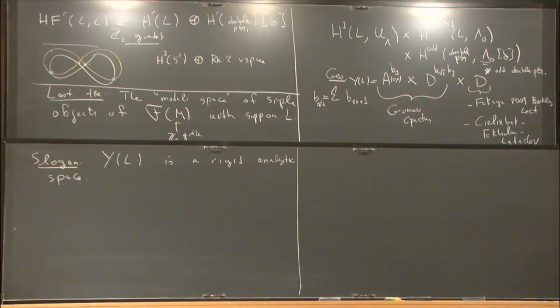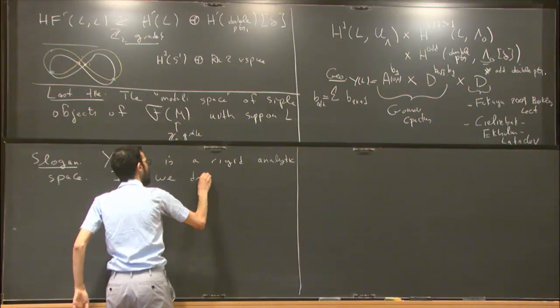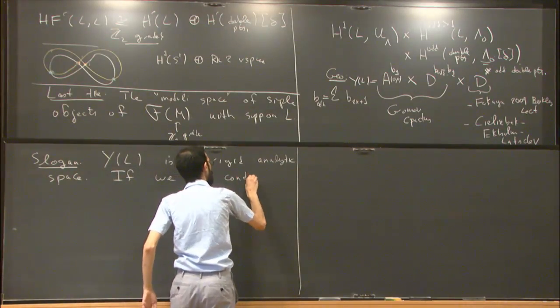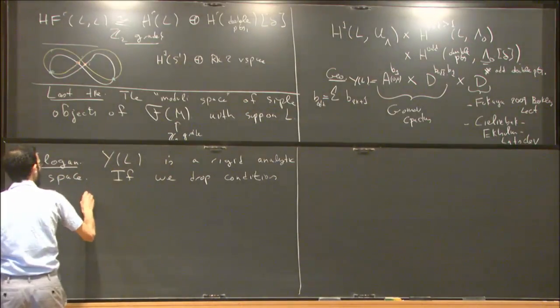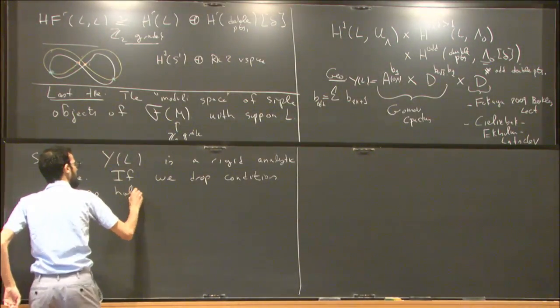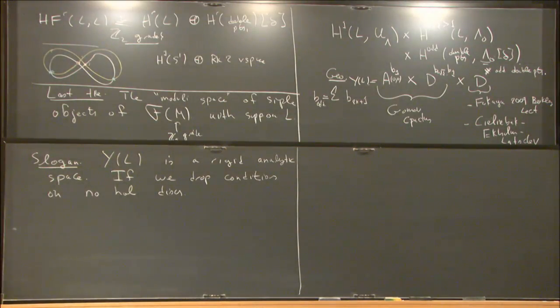Okay, and in general, if we drop the conditions on no holomorphic disk, one second. It does not depend on the immersion? Well, it just depends on the topology of the immersion. Right.